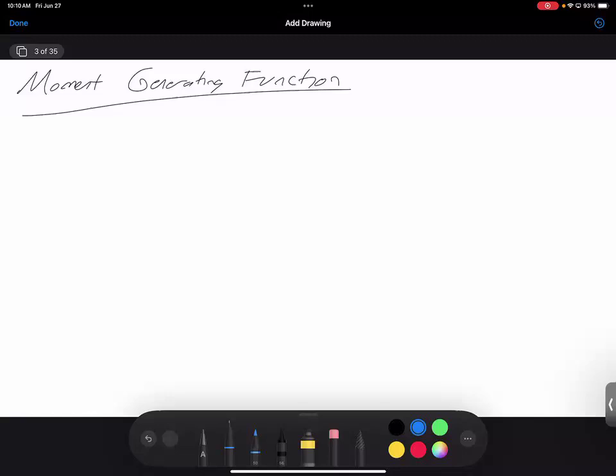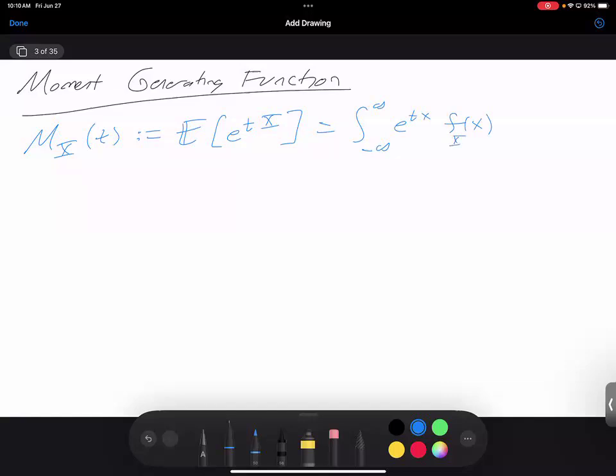All right. So let's define the moment generating function of a random variable x as follows. It is going to be the expected value of e to the tx, which is the integral from minus infinity to infinity of e to the tx times the density dx.